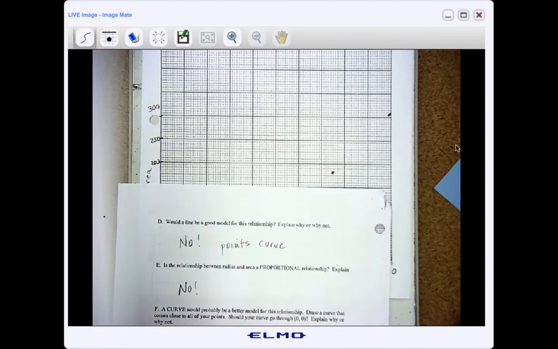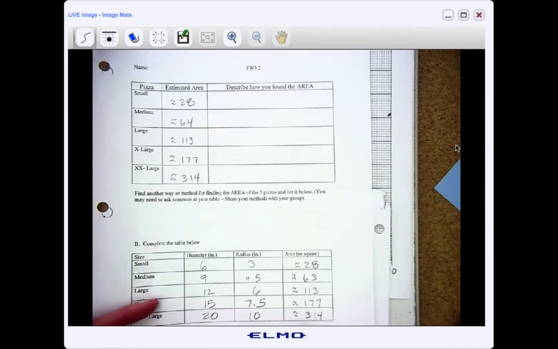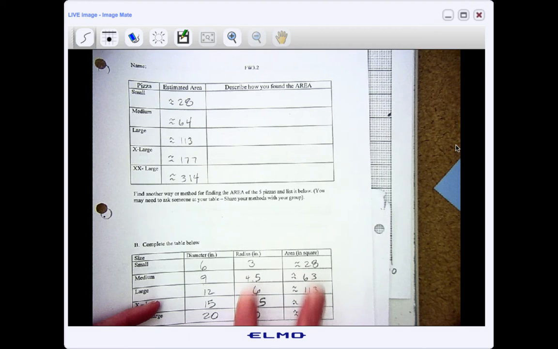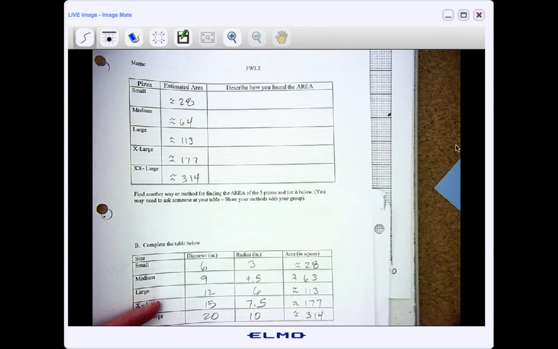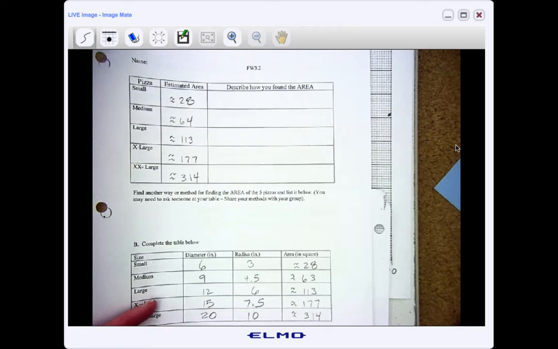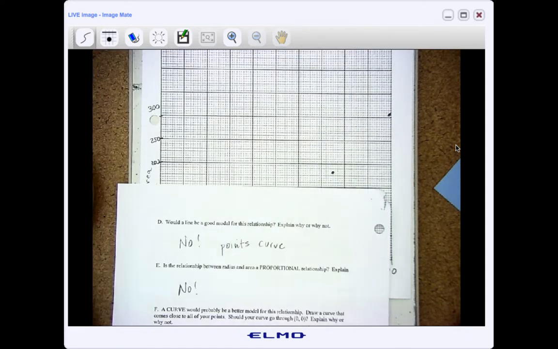So in looking at the chart, if 3 was 28 and it was proportional, then 6 should really be double that, and it's not. Okay, so it's not the same proportion or the same ratio. So it's definitely not a proportional relationship. If I divide these numbers, I'm not going to get the same unit rate. Okay. All right.